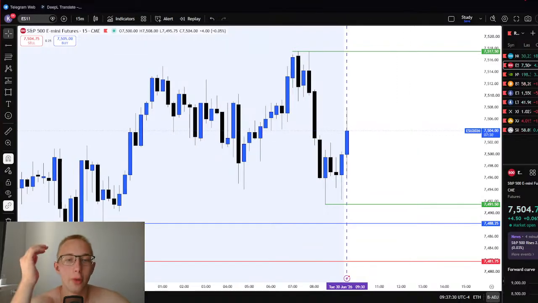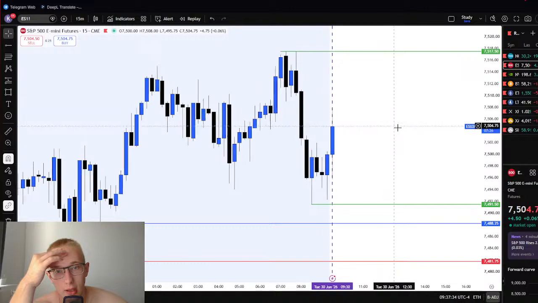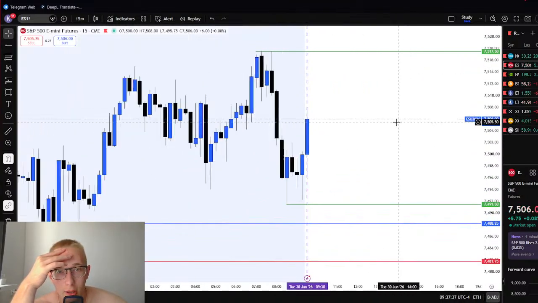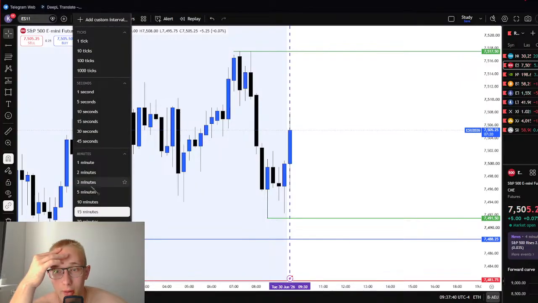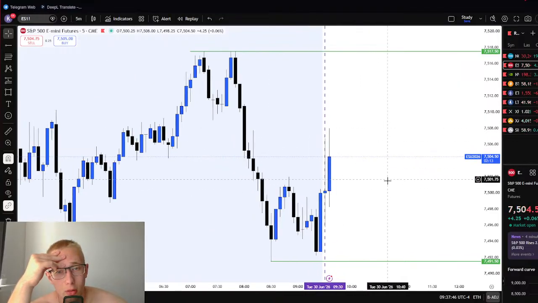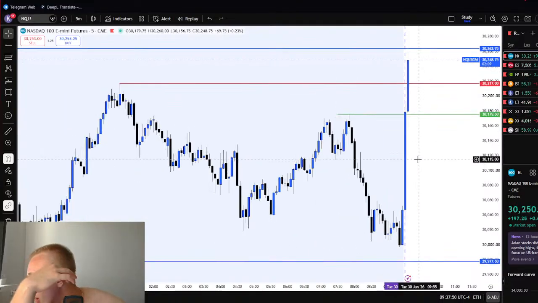But if not, I'll be looking for some shorts, probably on ES, because definitely on ES, ES is so much the lead index to the downside. And we are in a bullish trend on ES to the upside as well, not only on Nasdaq.